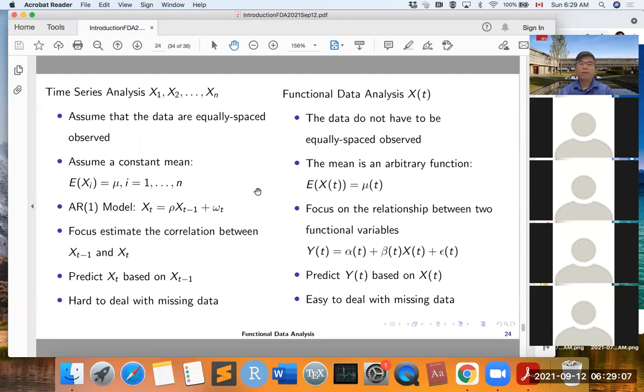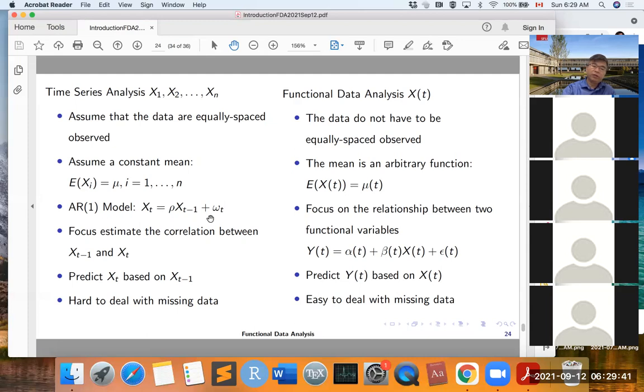So here, I listed the difference between time series analysis and functional data analysis, because both are working on data measured over multiple times. So what are their differences? The most important one is that time series models typically assume the data are equally spaced observations.